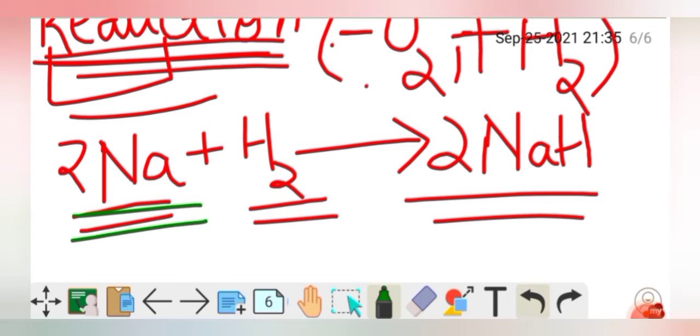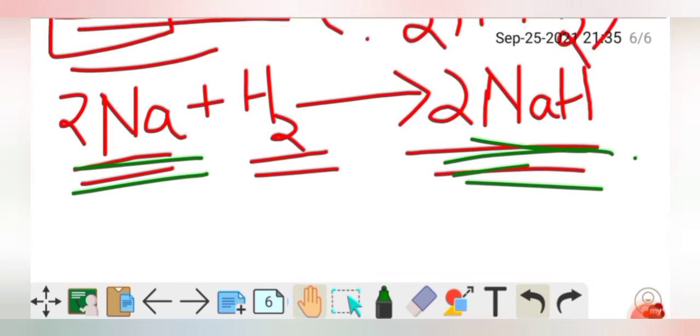In Na there was no hydrogen, and here hydrogen has been added, so 2Na and H2 give 2NaH. It has formed sodium hydride.